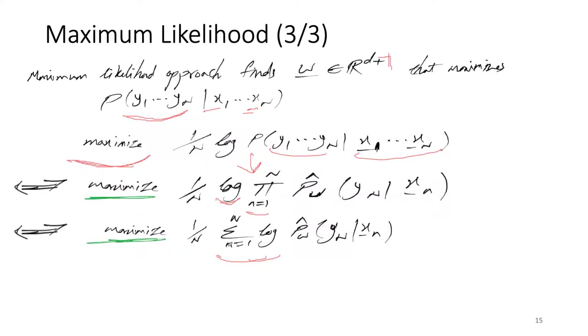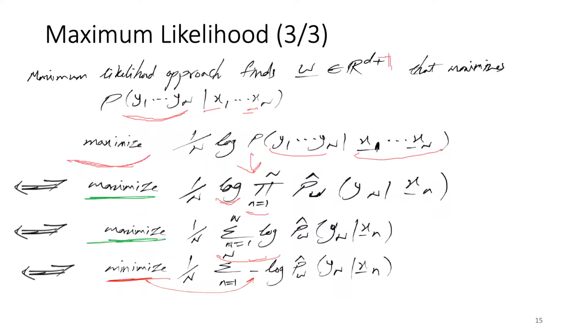In log world, okay? And then we can change the maximization, of course, to minimization. So now, when we minimize it, we have to add that minus there. So we are minimizing minus the log of the conditional probability.